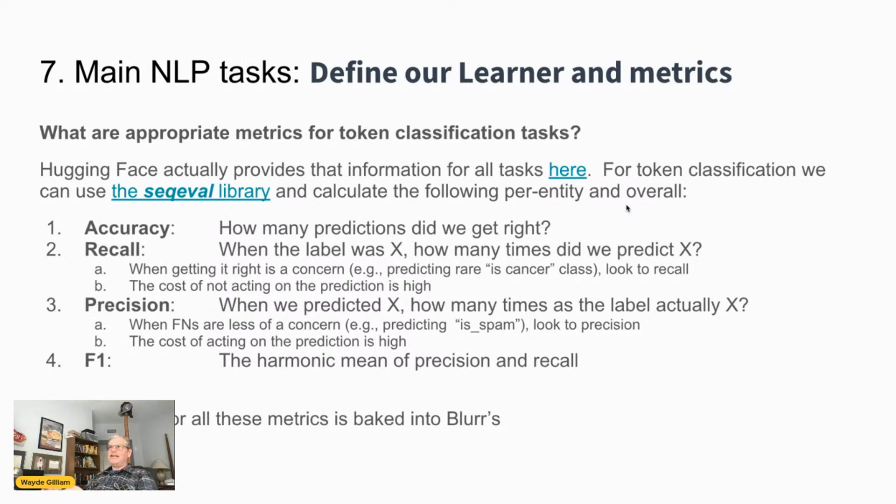The loss is your model's way of understanding how good it is, whereas the metrics are our way as human beings of understanding how good our model is. In general, what we care about are the metrics. So we have to figure out what metrics to use for token classification, and we have to consider this for every task, because they're different.